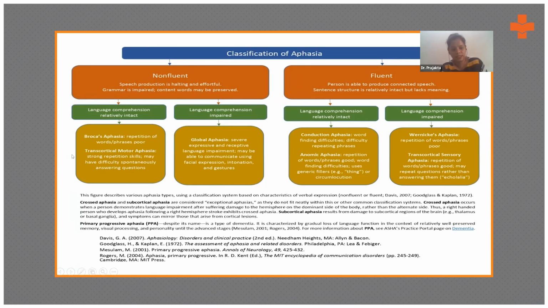The difference between Broca's and transcortical motor aphasia is the repetition part: in transcortical motor aphasia, the patient is able to repeat words or phrases, not very easily, but compared to Broca's aphasia they are able to do it more easily. In global aphasia, language comprehension is impaired, with severe expressive and receptive language impairment; the patient may be able to communicate using facial expression, intonation and gestures.